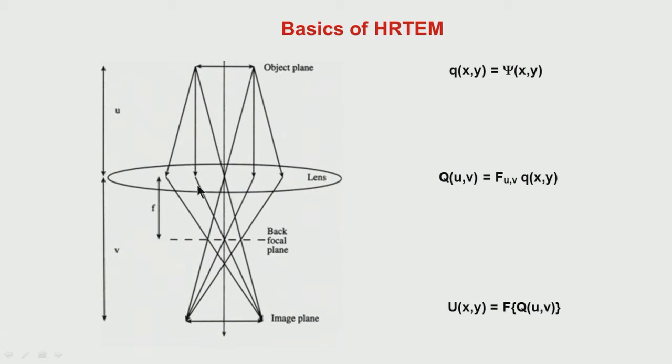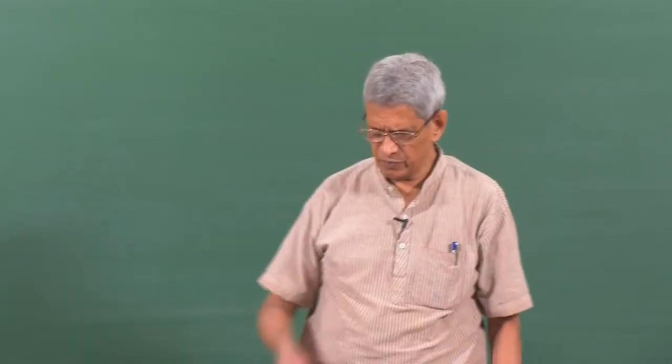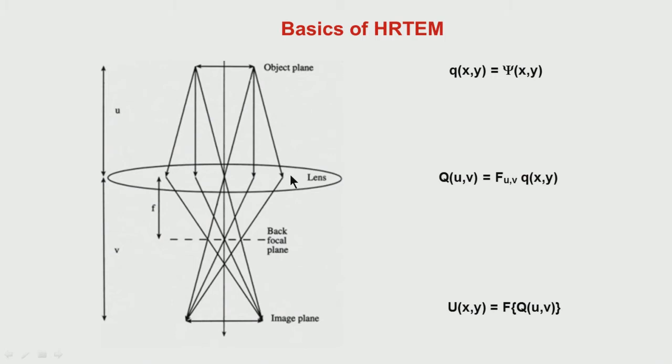In the earlier class on lens aberrations, I mentioned that the lens itself can be considered as a phase shifter. So, it brings about a shift in phase of the incident ray. Not only that, because of the aberrations, we find that as we go away from the center of the lens, the aberration also increases.